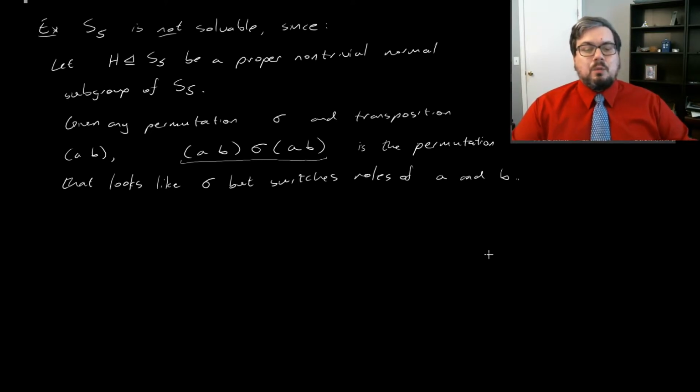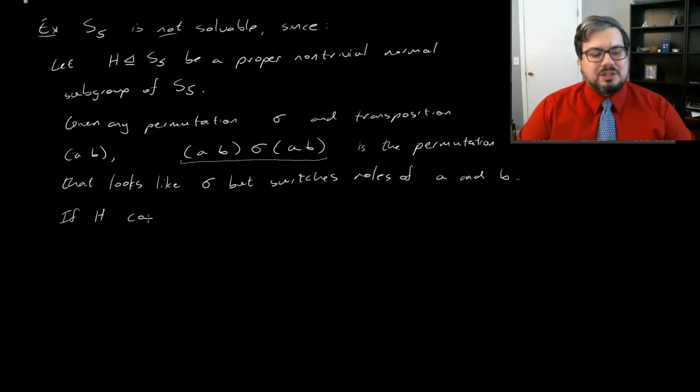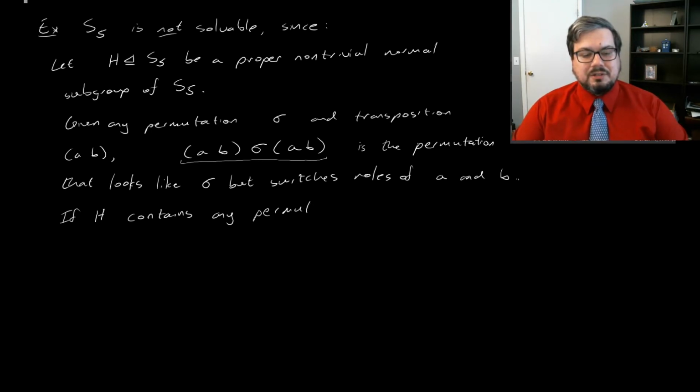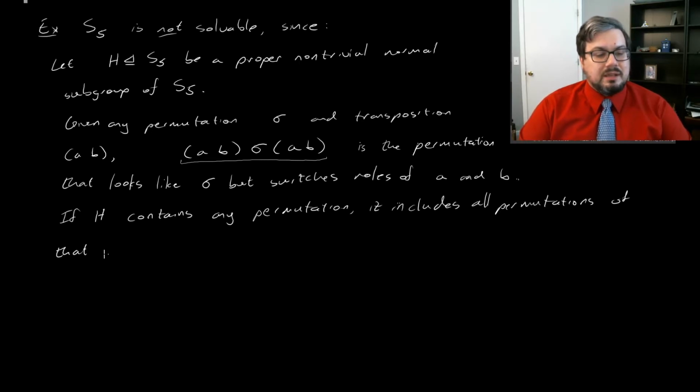So since H is a normal subgroup of S5, if it includes any sigma, it has to include (A B) sigma (A B) for any A and B. So what that means is that if H contains any permutation, it includes all permutations of that disjoint cycle decomposition type.